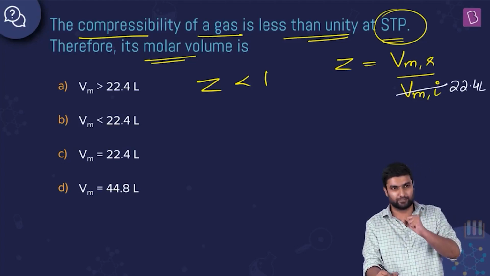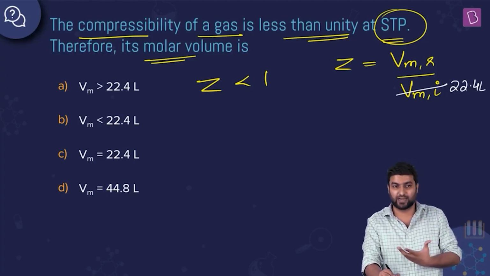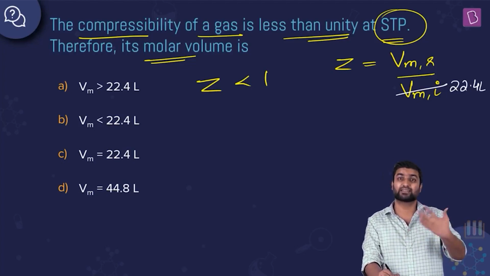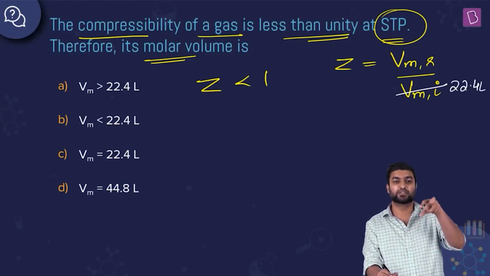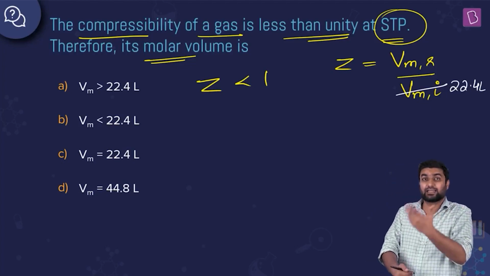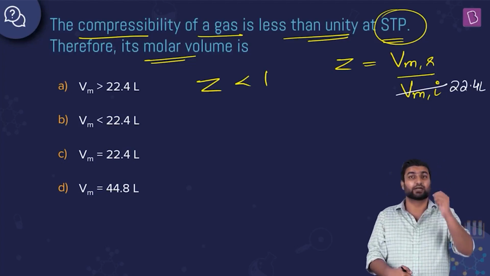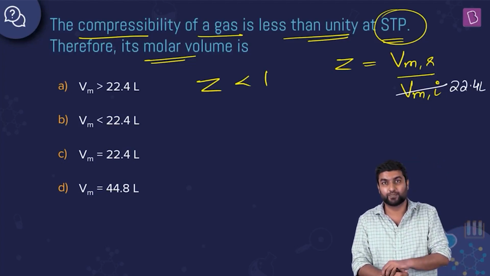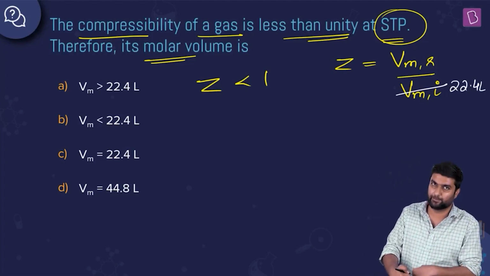Although there are some discussions, and IUPAC has released a new standard regarding what STP is. They have changed the standards from atm to bar. But when I'm saying that at STP the molar volume of an ideal gas is 22.4, I'm taking the standard pressure as 1 atm.